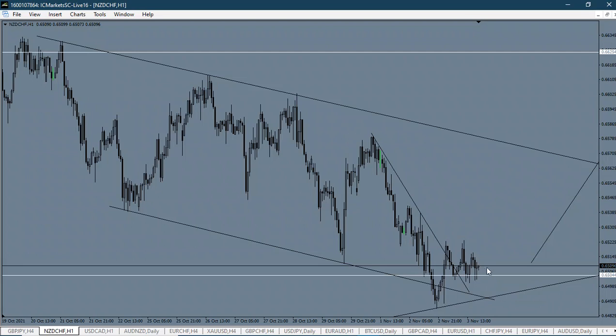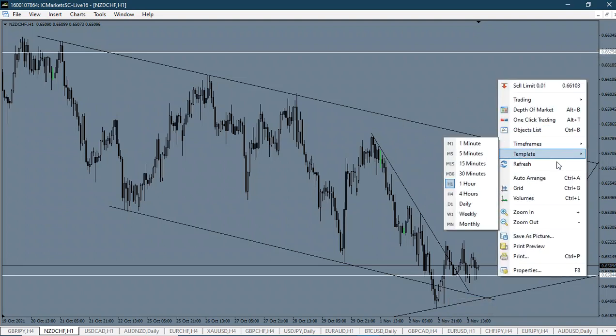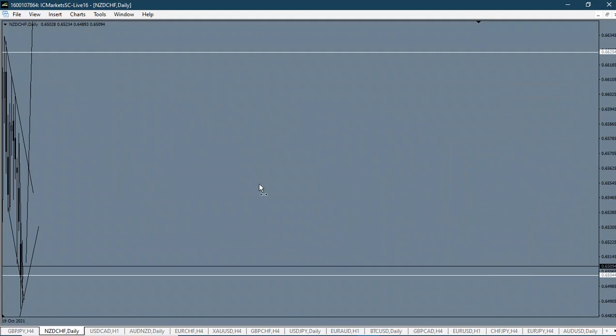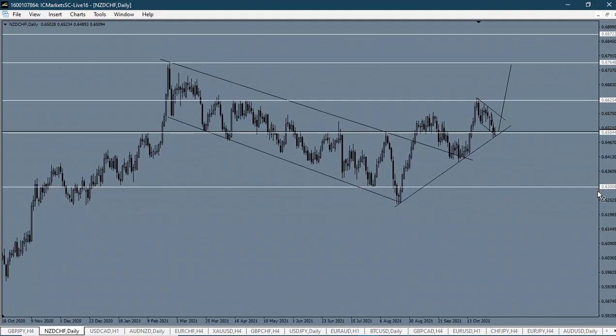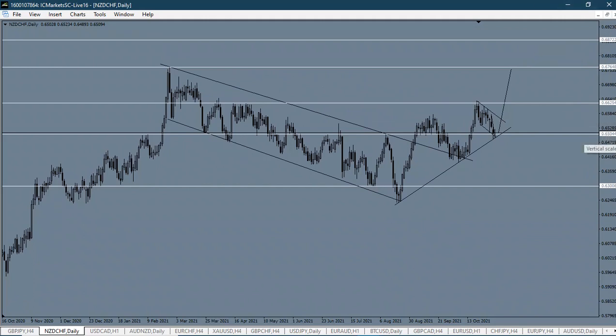So from here, our buys are ready. We can buy this right here, putting our stop loss here, which will be our invalidation area, and placing our targets as I've mentioned earlier on. Our first target, our second target, and our final target over there.